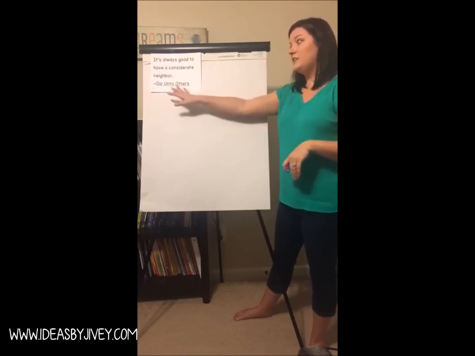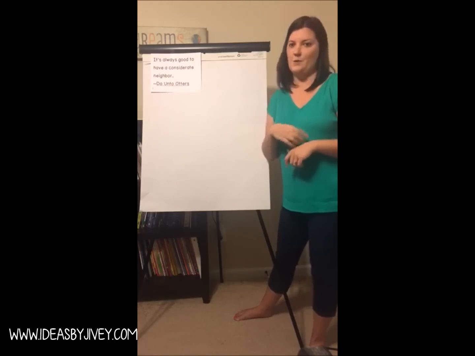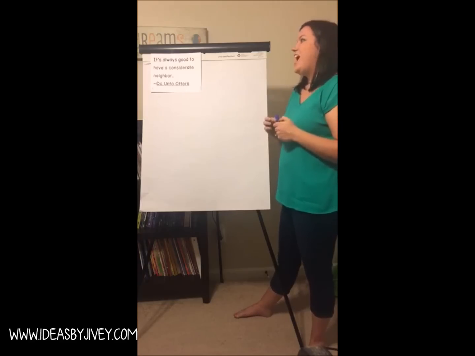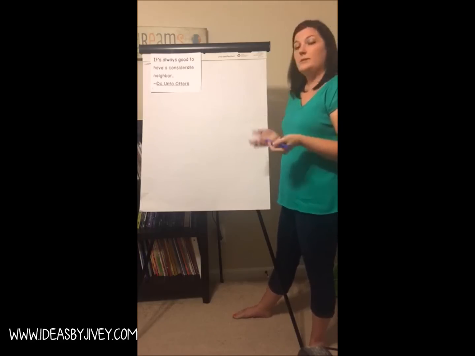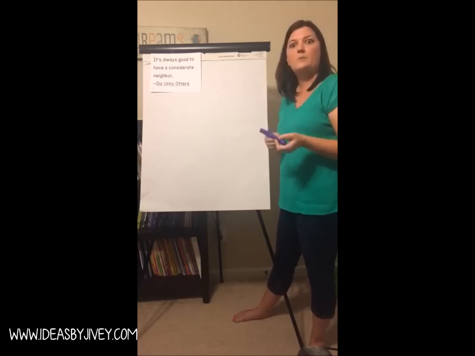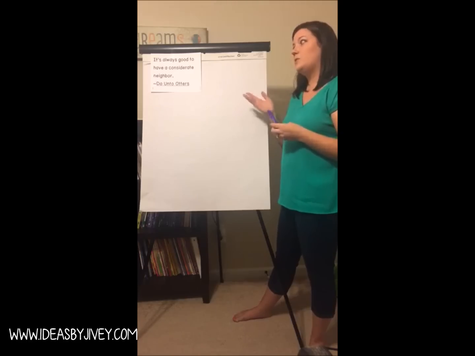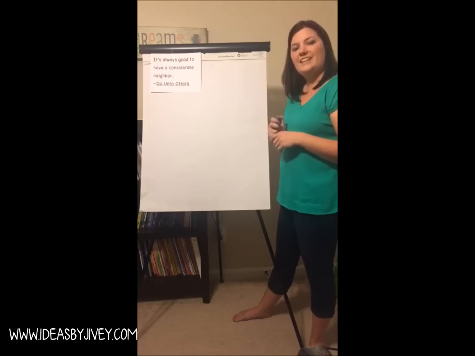So we've read Do Unto Otters today or yesterday or whenever you decide to start, and talked about using that book. We talked about good manners and we talked about the golden rule. But today we're going to pull this one sentence. I've pulled one sentence from the book, and we're going to talk about what makes this sentence so awesome.